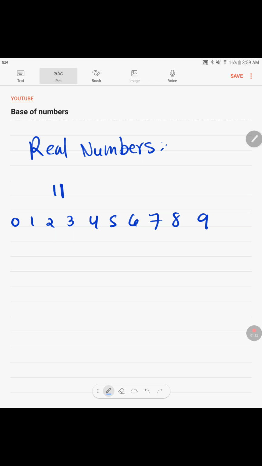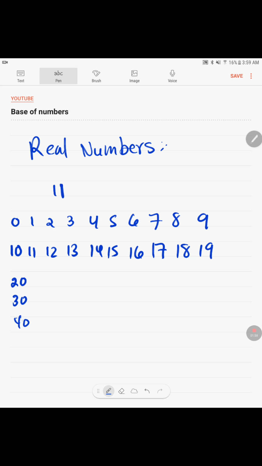If we start from 0, when we hit the 10, we turn into a double digit. Now it becomes 10, 11, 12, 13, 14, 15, 16, 17, 18, 19, and now we go by 20, 30, 40, 50, all the way. So if we write in this way, we go in rows of 10.